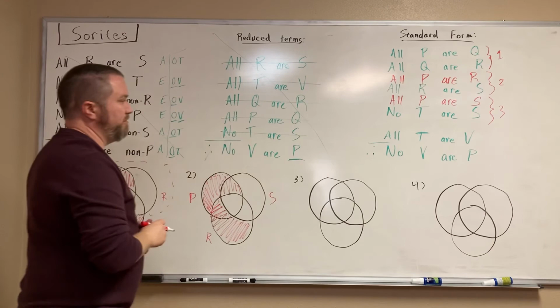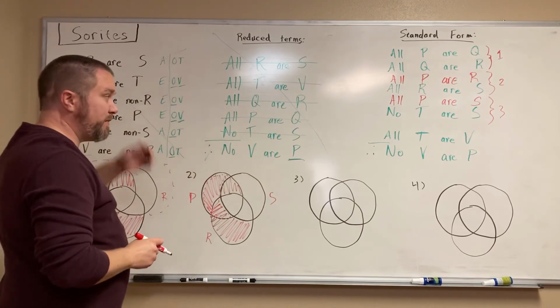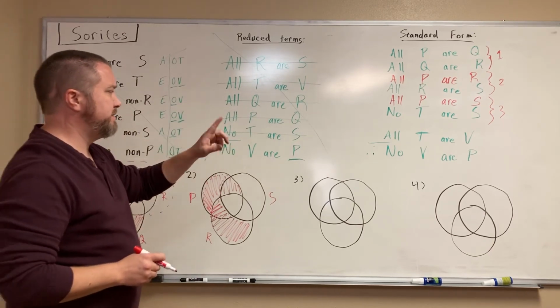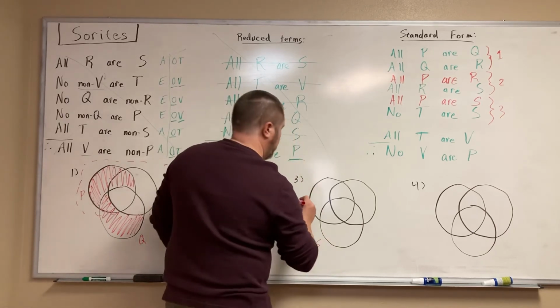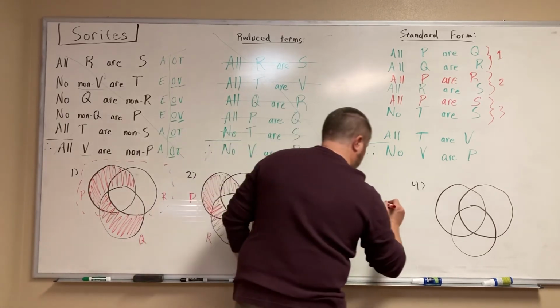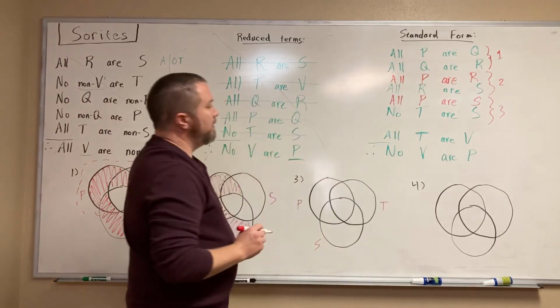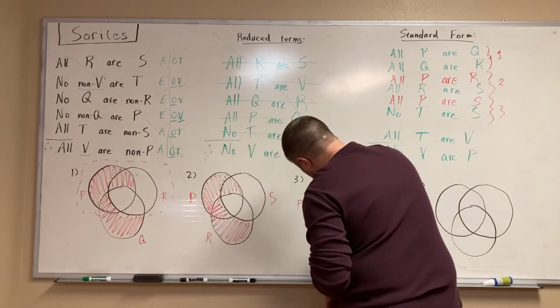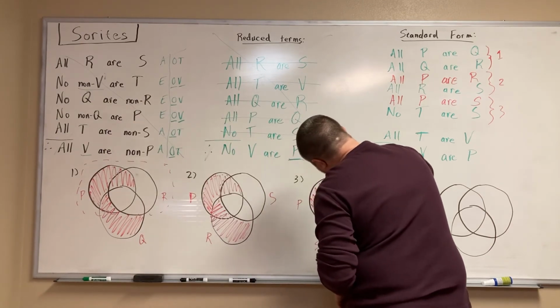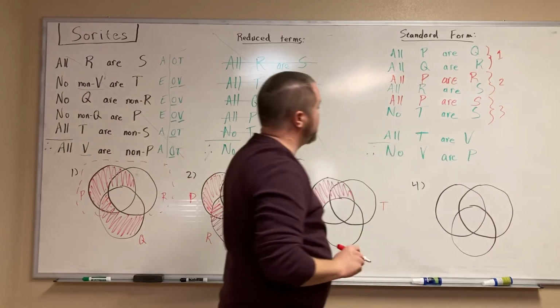It's telling us that all P are S. We have our third Venn diagram. All P are S, no T, R, S. S is the middle term, down in the middle, P and T. So we have all P are S. Shade out that top left crescent.